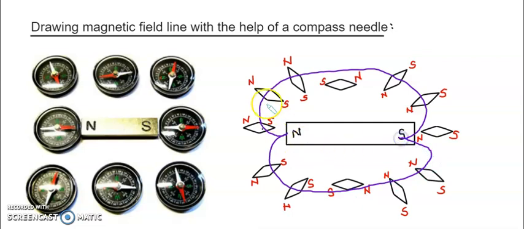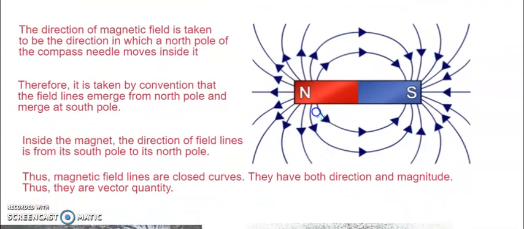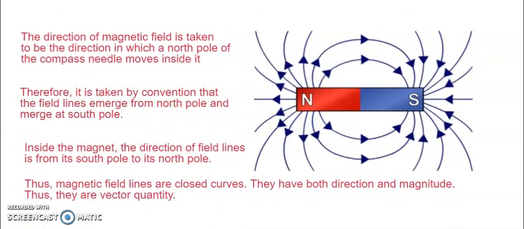So normally the direction of the magnetic field line is going to emerge out from the north and merge into the south. Again, it's going to come out from the north and merge into the south, right? So the direction of the magnetic field is taken to be the direction in which the north pole of the compass needle moves.